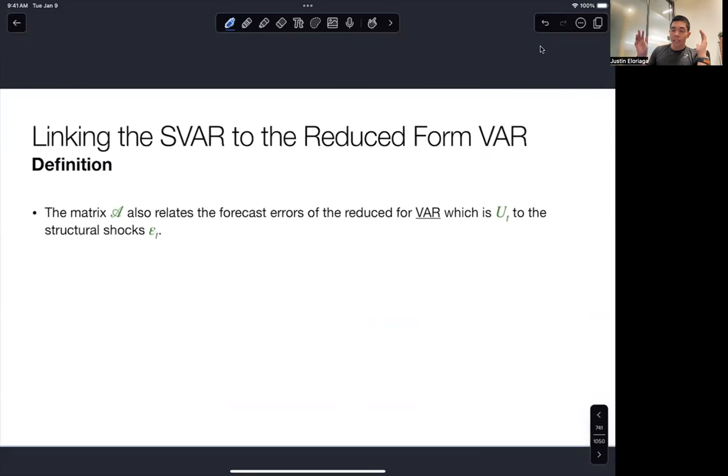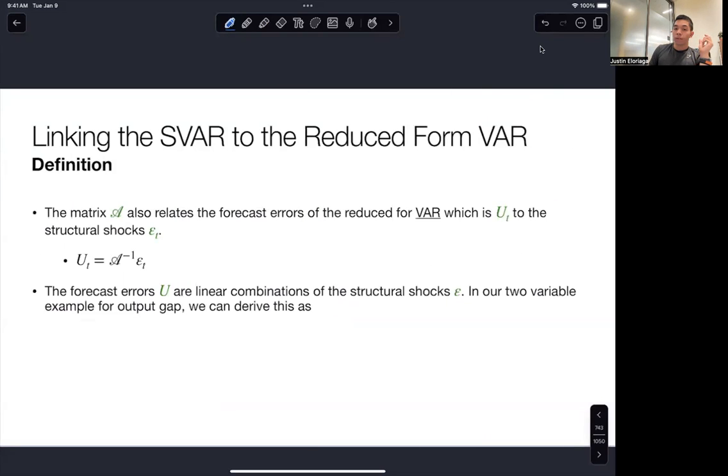So the matrix A also relates the forecast errors of the reduced form VAR, U_t, to the structural shocks epsilon_t. We know that U_t is equal to this. The forecast errors of U are linear combinations of the structural shocks.